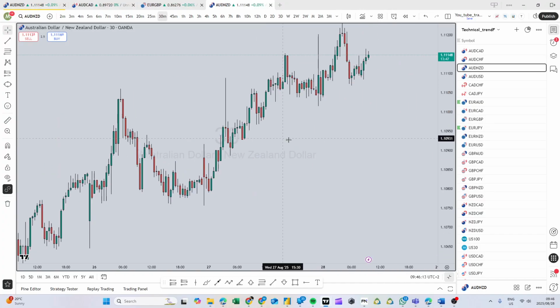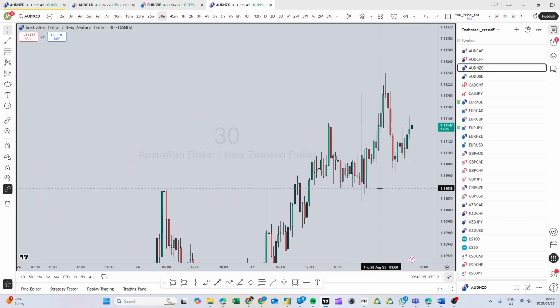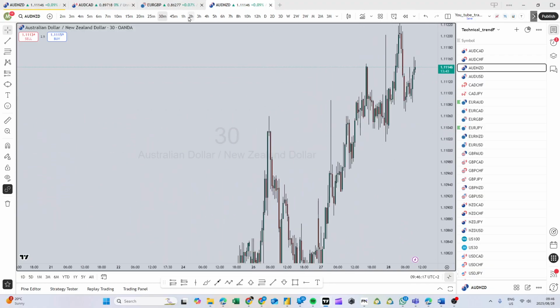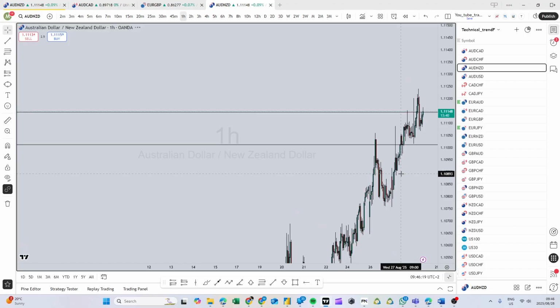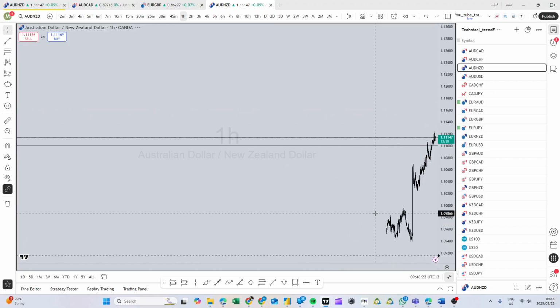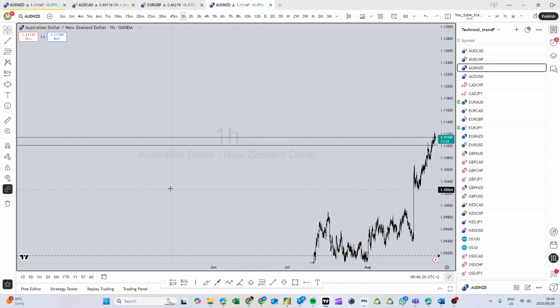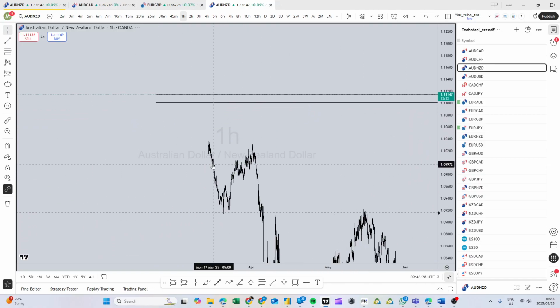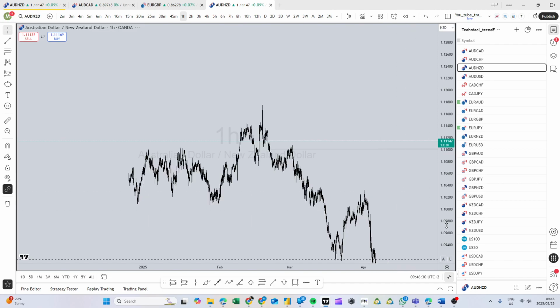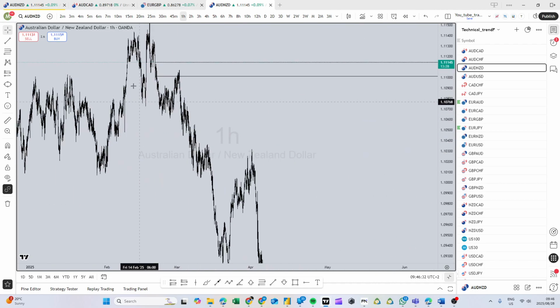This one didn't go well at all. I think the idea was pretty much the same. I had an area of interest, and this was a multi-month area. Coming back here, you can see that we had this area from which we had some consolidation.